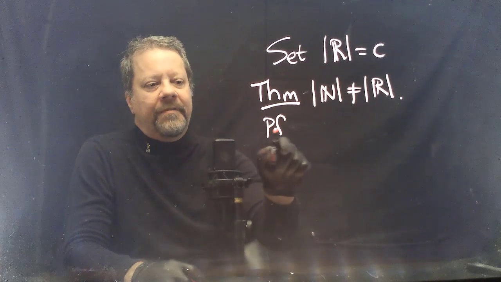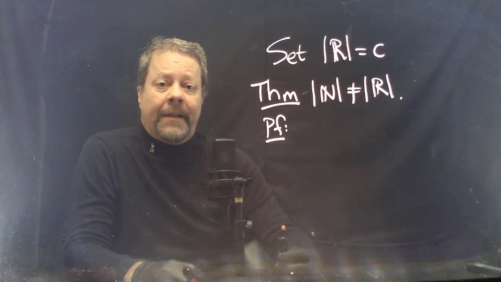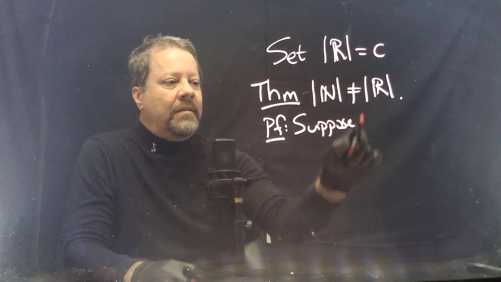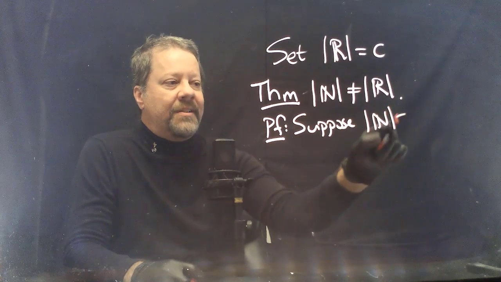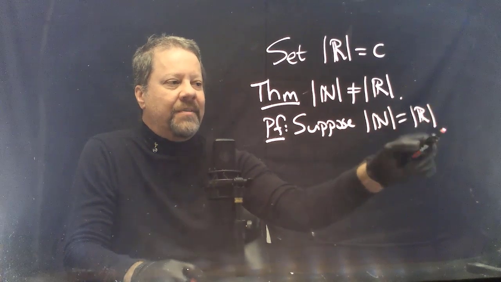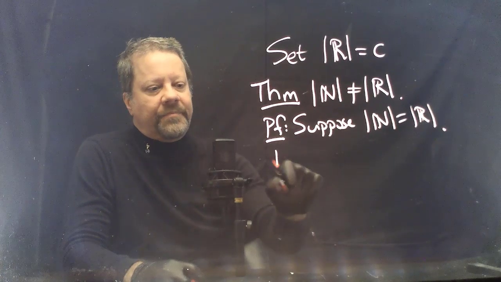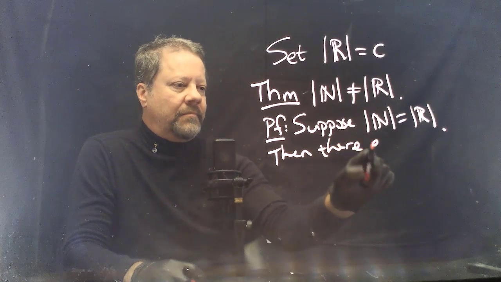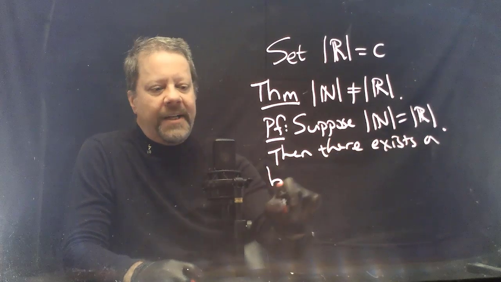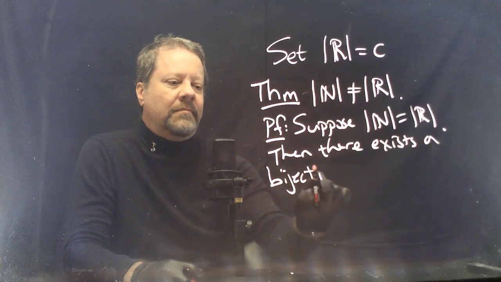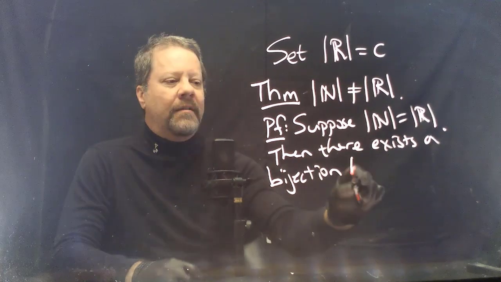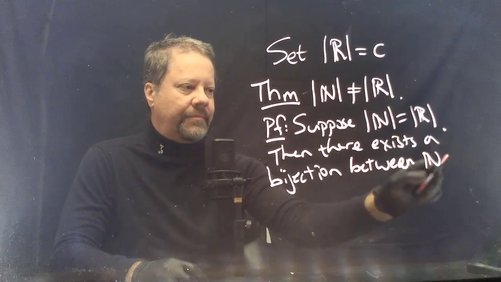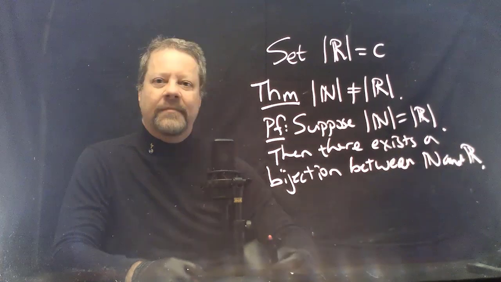The proof is a proof by contradiction. Suppose the cardinality of the natural numbers is the same as the cardinality of the real numbers. Then there exists a bijection between N and R. What does that mean?